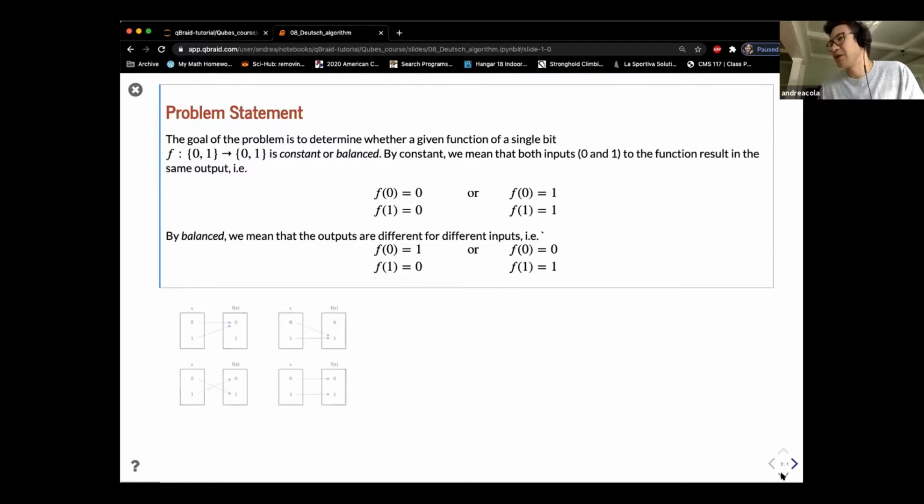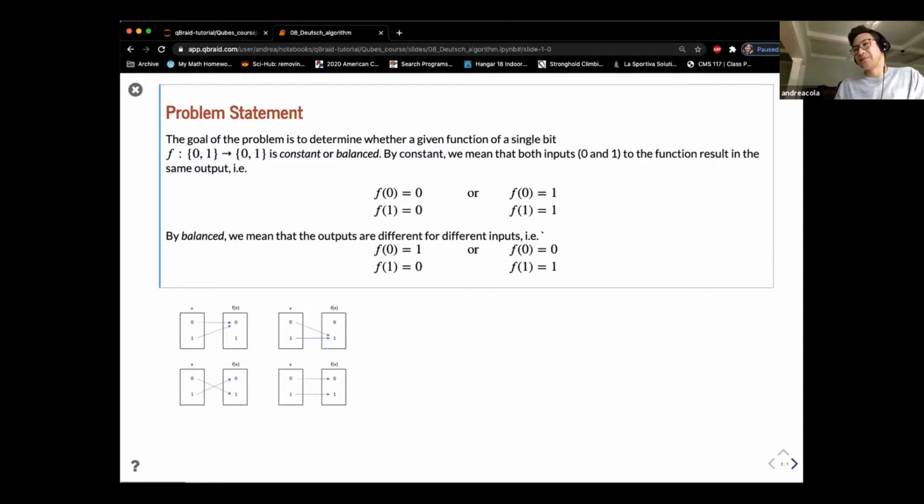Visually, the top row is a function f that is constant, and the bottom row shows a function f that is balanced, the two possibilities. In total, there are only 4 possible functions from a single bit to a single bit, and the top row shows the constant functions, and the bottom row shows the balanced ones.